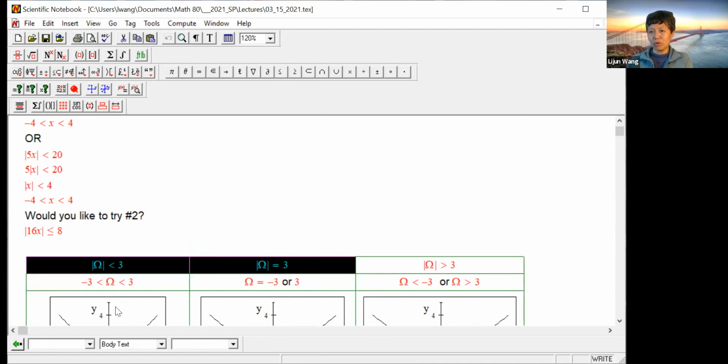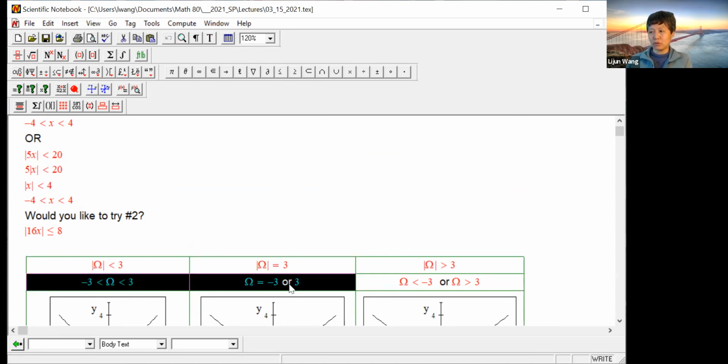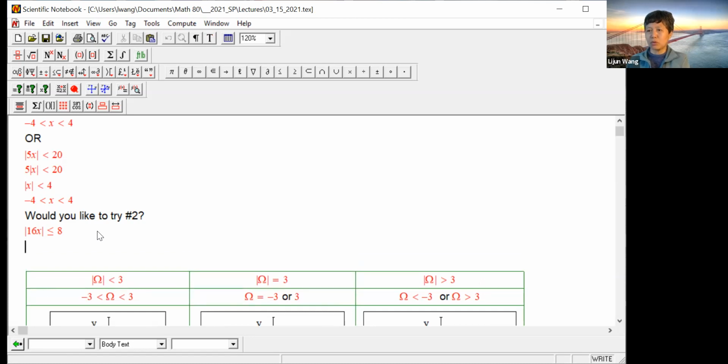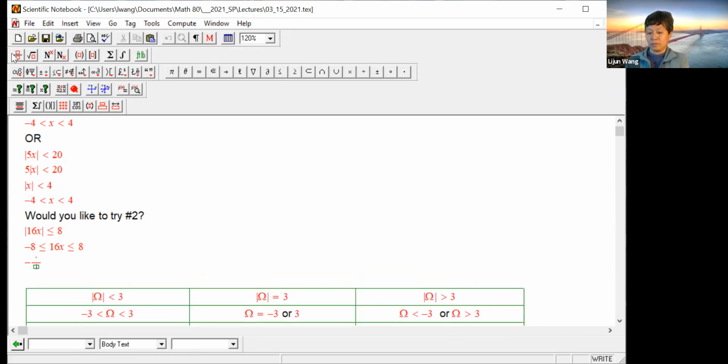Combining these two, you will end up with -8 less than or equal to 16x and less than or equal to +8. Then you divide every side by 16, and you have -1/2 less than or equal to x and less than or equal to +1/2.